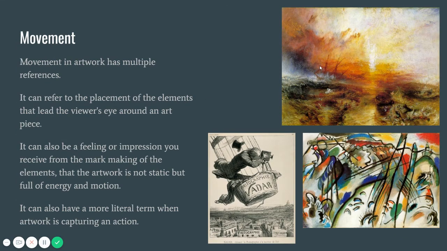Movement. Movement also has multiple references. Movement can refer to the placement of the elements that lead the viewer's eye around an art piece. Okay, so movement can be a way that the artist designs his or her composition purposely to make the viewer travel around the art piece.